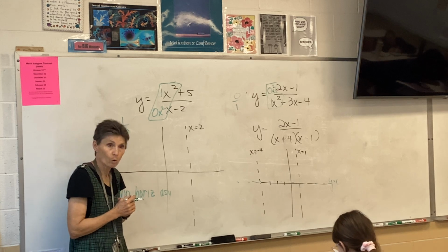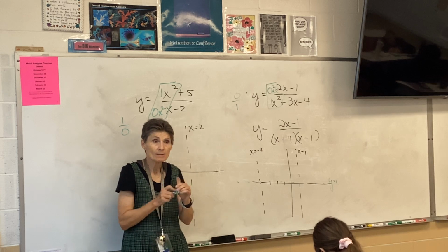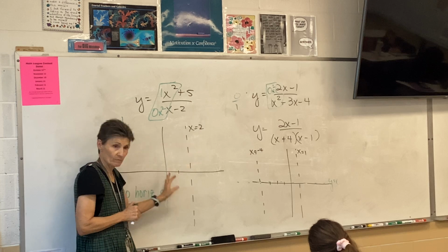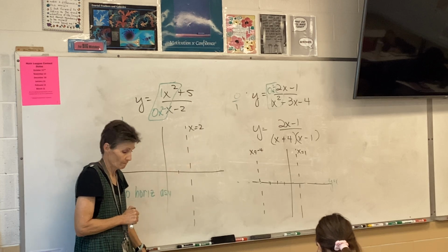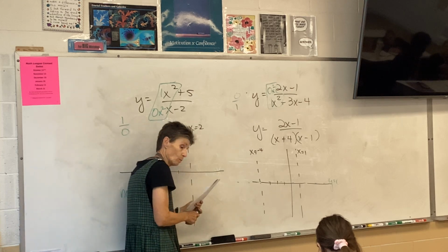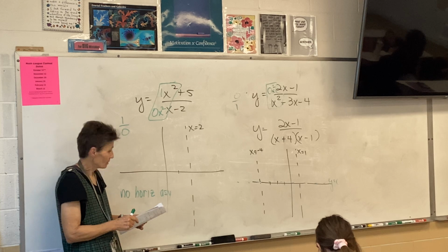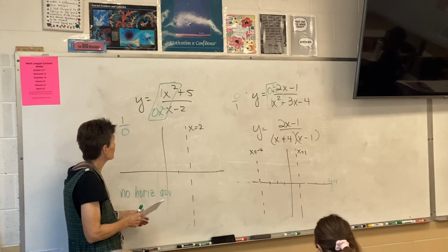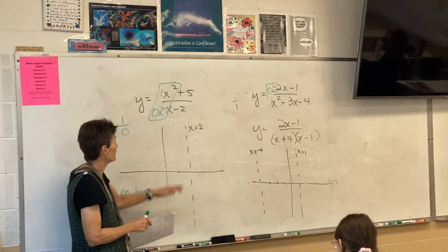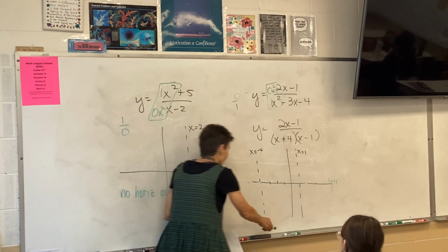No, you say no horizontal asymptote, because your job is to find the asymptotes. We have a vertical, x equals 2. We have no horizontals. What do you think? Oh yeah, I thought you were saying something about a slant asymptote, and yes, you're right. How did you know that? This does have a slant asymptote, but that's not for us to worry about right now.